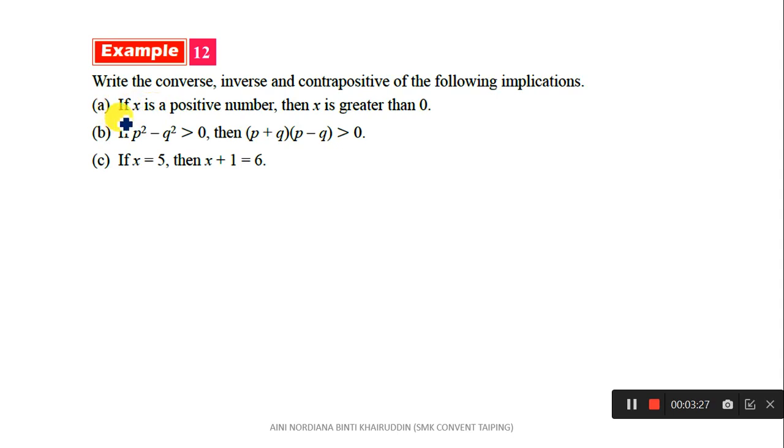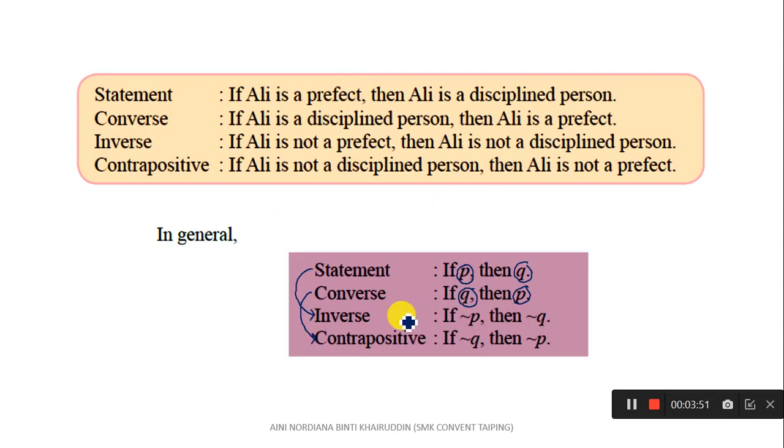For A, after the word if, this is P, and after the word then, this is Q. In order to write the converse, inverse, and contrapositive, we refer to this.